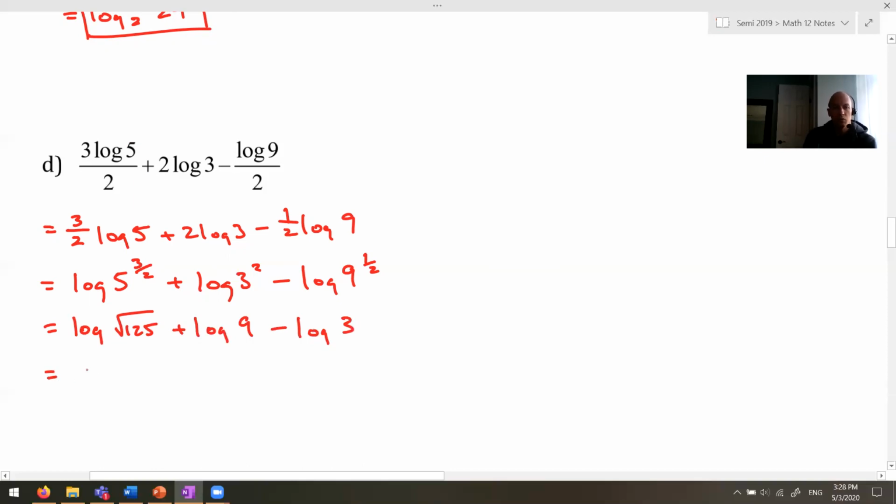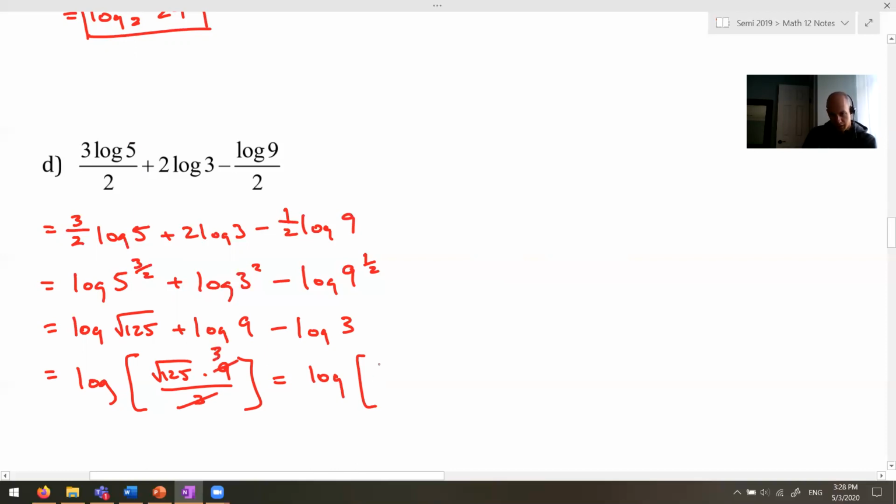Altogether now, we can do one single log, big fat brackets here. We've got root 125 multiplied by 9 divided by 3. This, of course, can get cleaned up a little bit more, so that's log. Let's see, the 3 and the 9 can cancel out. Put the 3 up there.